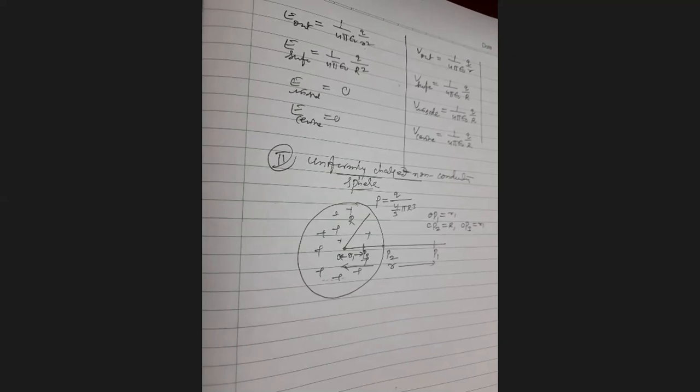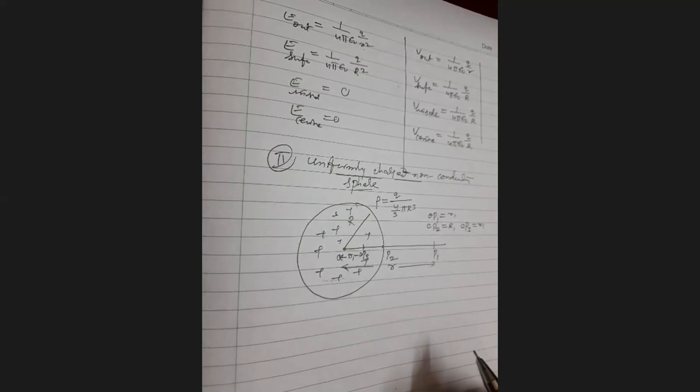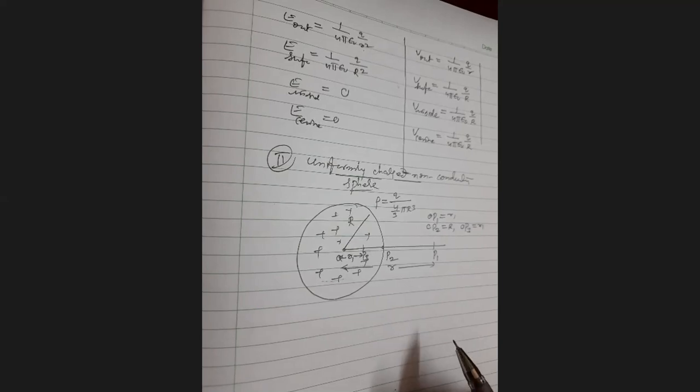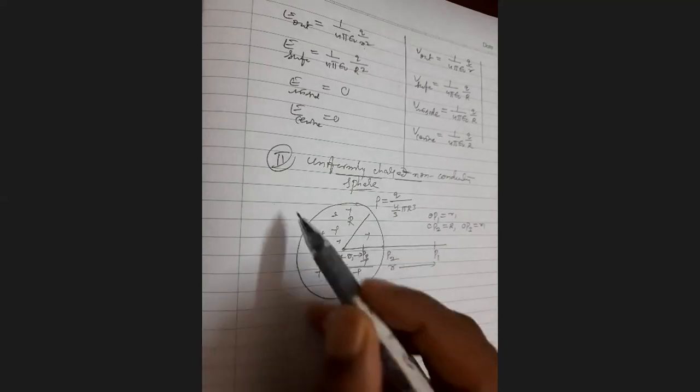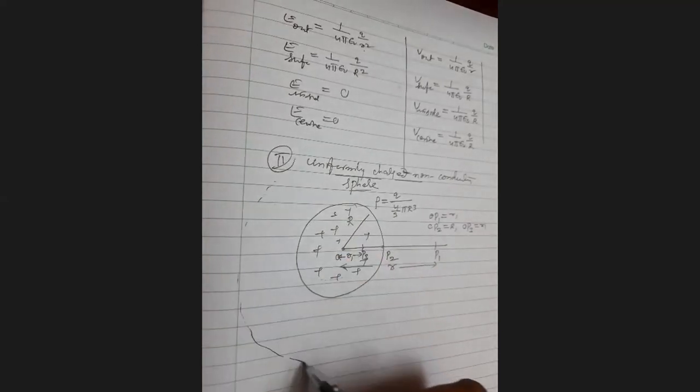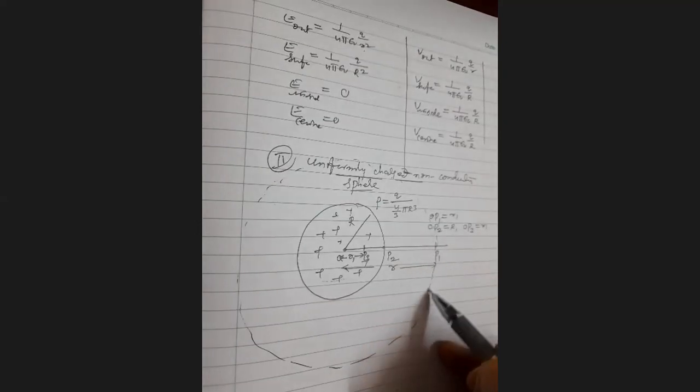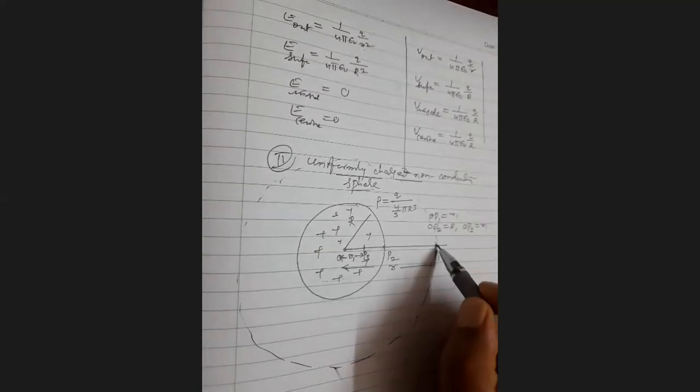Now, as in our previous lectures, how do we calculate the field strength at this point? To calculate the field strength at the outside point, we construct the Gaussian surface on which the point P1 lies. So this Gaussian surface is passing through this point. Here, consider a small area element, dS.